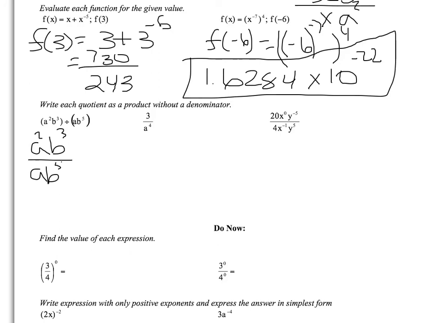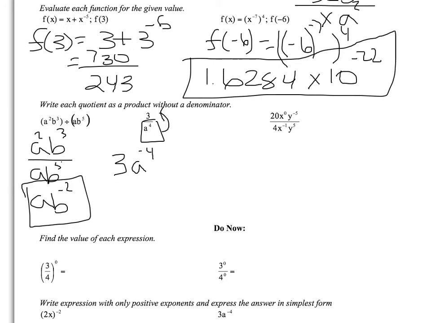So 2 minus 1 on those a's is just a 1, so it's a. b cubed over b to the 5th is b to the -2nd. And I know it's a negative exponent, but it doesn't want a fraction, so you leave it just like that. For this next piece, the only way to get rid of that fraction is to move that a to the 4th to the numerator. And when I do that, the power becomes negative, so it'll be 3a to the -4th.